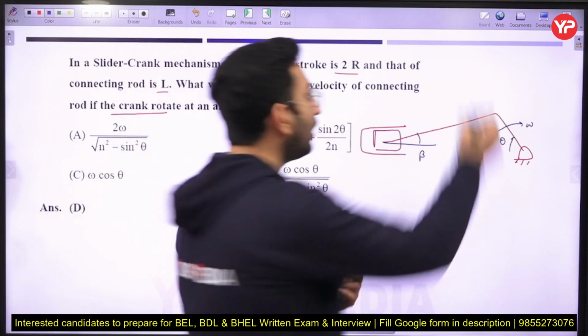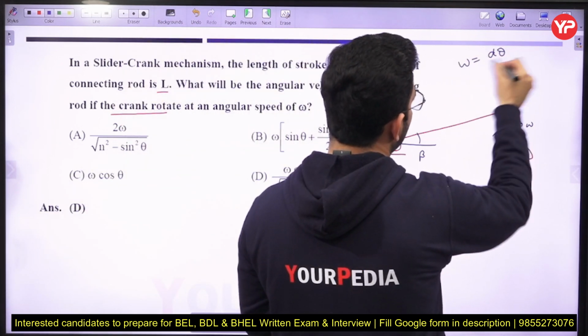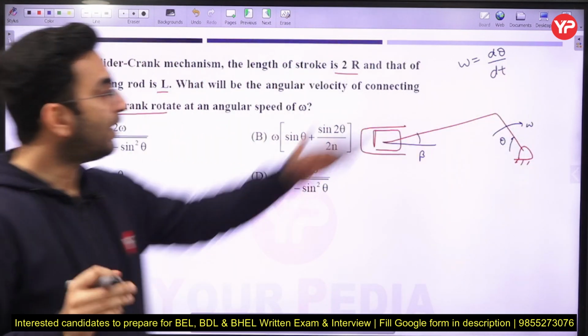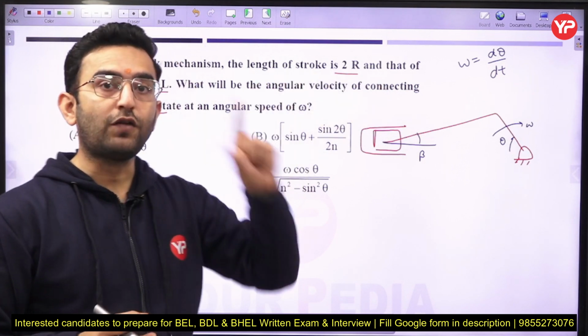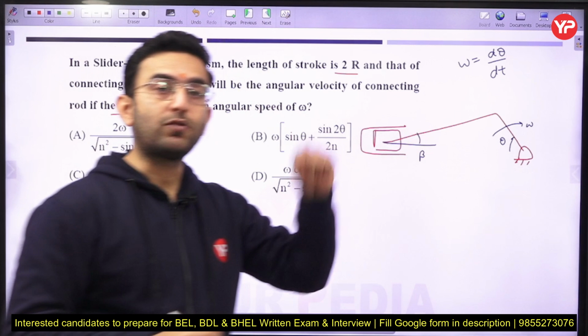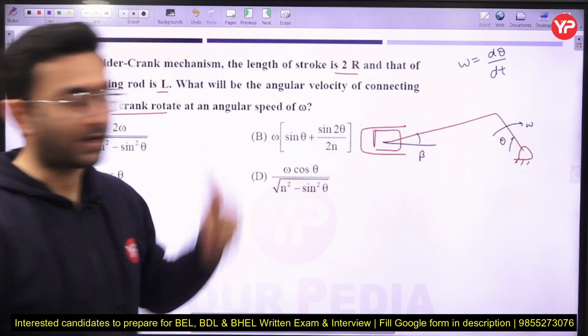So the omega of the crank is d theta by dt. Similarly, the connecting rod is making an angle of beta, so the rate of change of beta with respect to time represents the angular velocity of the connecting rod.